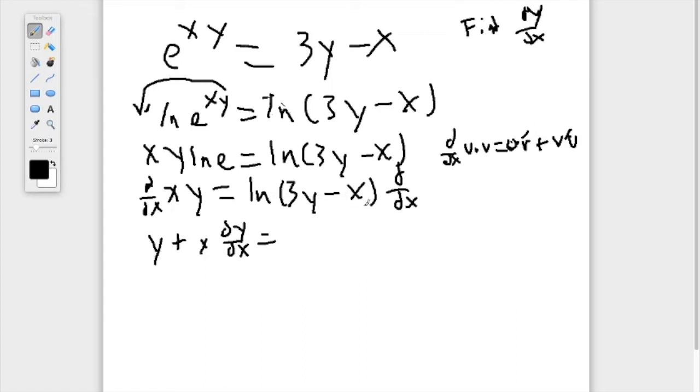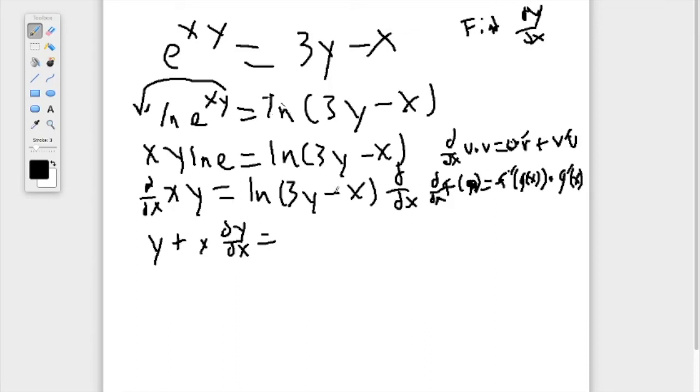So basically, what the chain rule says is, say you have f of g of x, and if you're taking the derivative of this, sorry if my handwriting's bad, you get f prime of g of x, so you're taking the derivative of the outside and then multiplying it by the derivative of the inside, that's g prime of x.